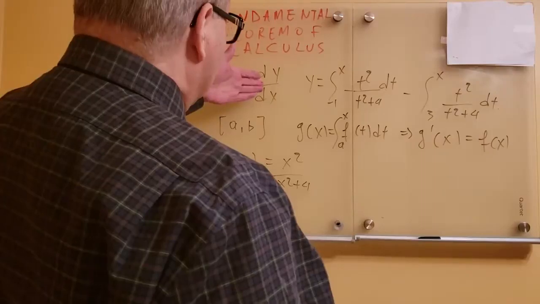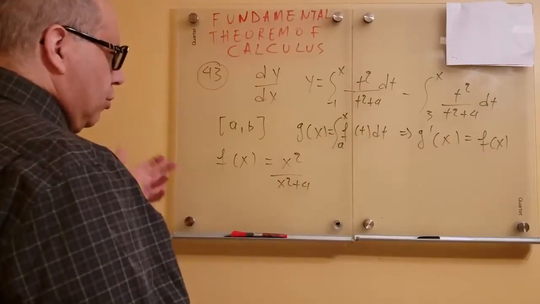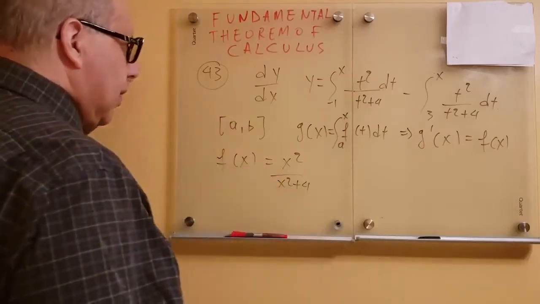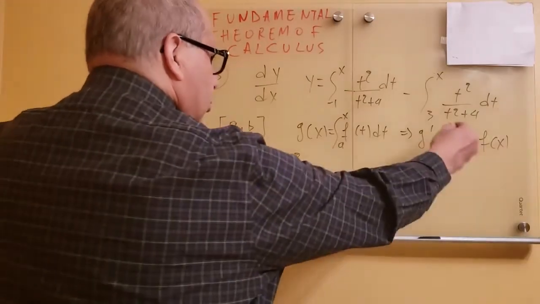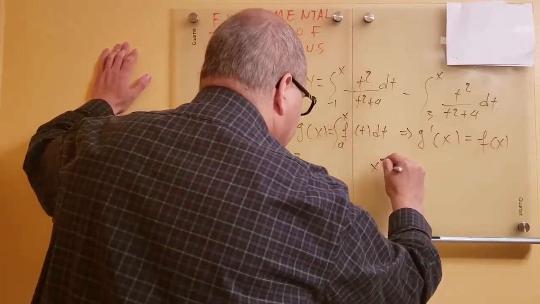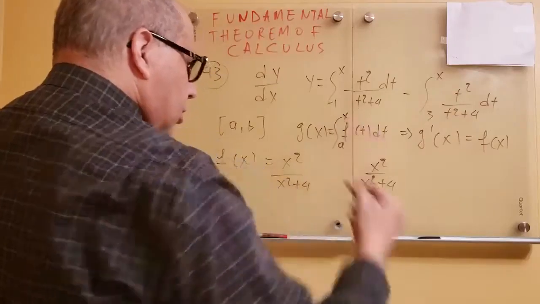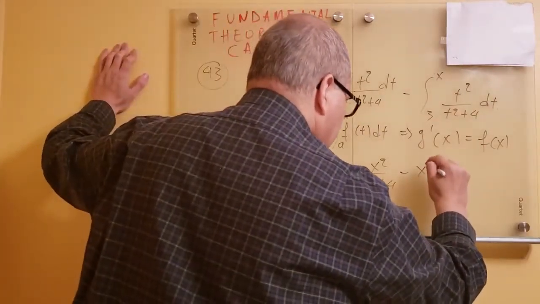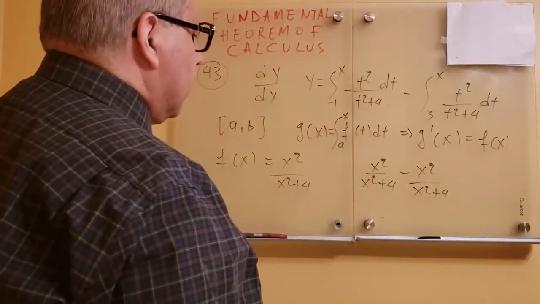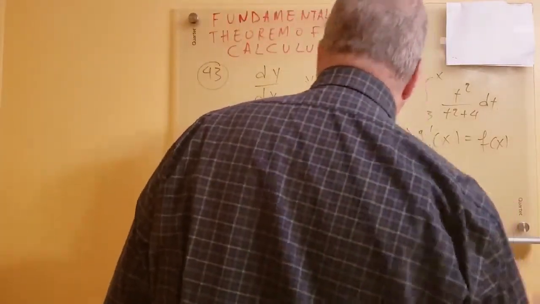So if you want to find dy over dx, the first derivative of the g function, it should be this for this part, and for the other part, with the same rule, it will be the same thing. So this cancels with this, so the answer is equal to 0.